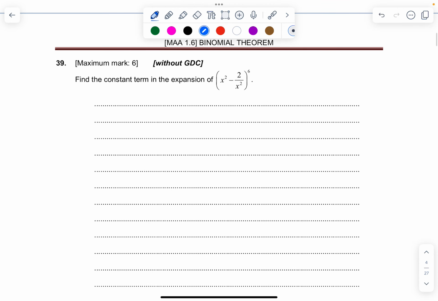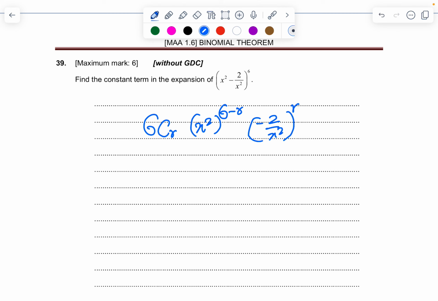Next question, find the constant term. We have to find the constant term for this one. So first we write 6Cr (x square) to the power of 6 minus r, (minus 2 upon x square) to the power of r.